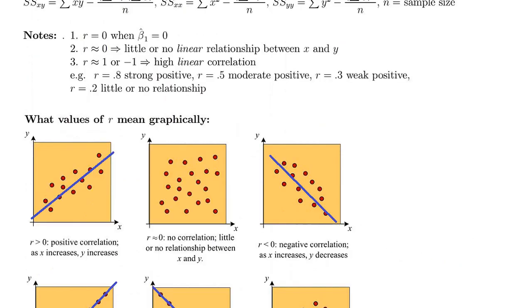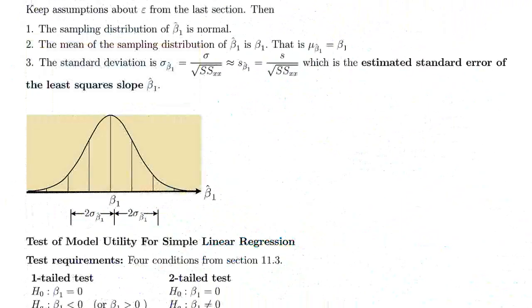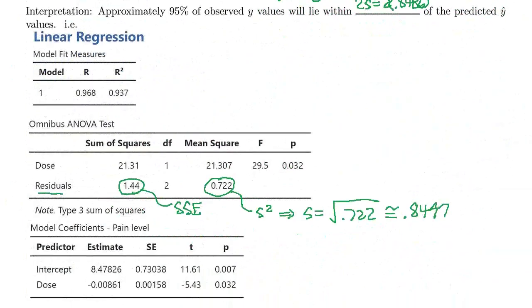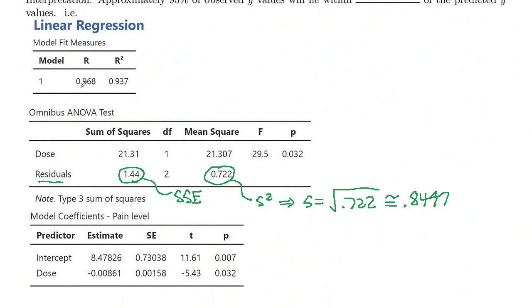And now, if we go back to our Jamovi output, you will see right there is our 0.97 R. What they're calling cap R, that's what we're calling little r.